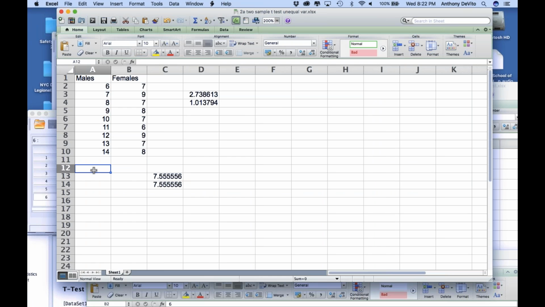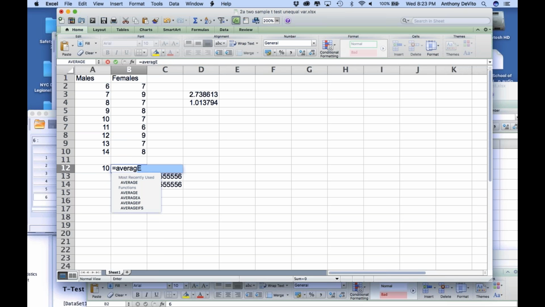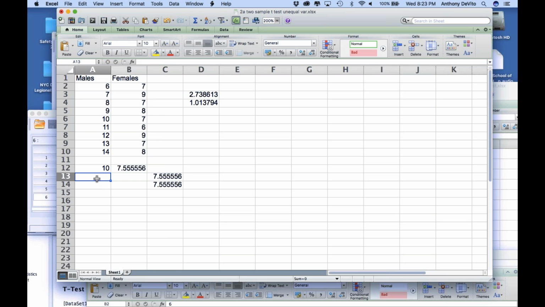The mean of this group is 10. I think it's the same. The average of this group is similar to what we had before.